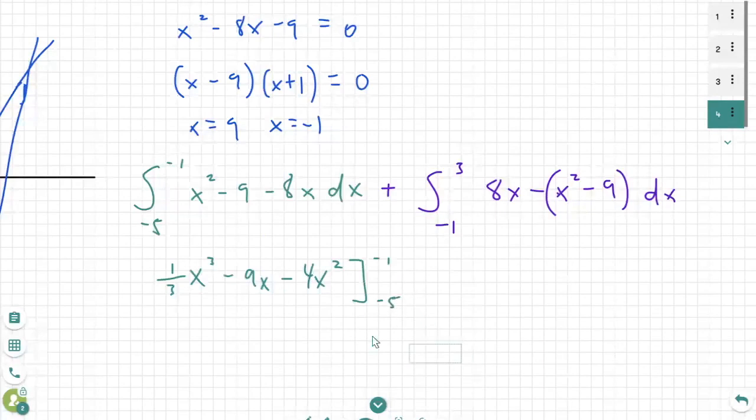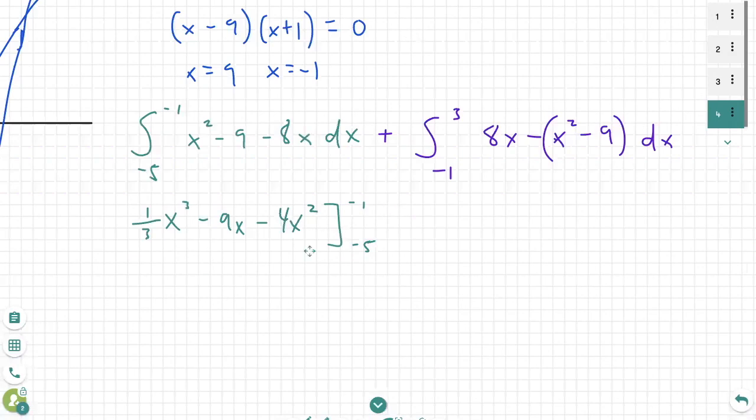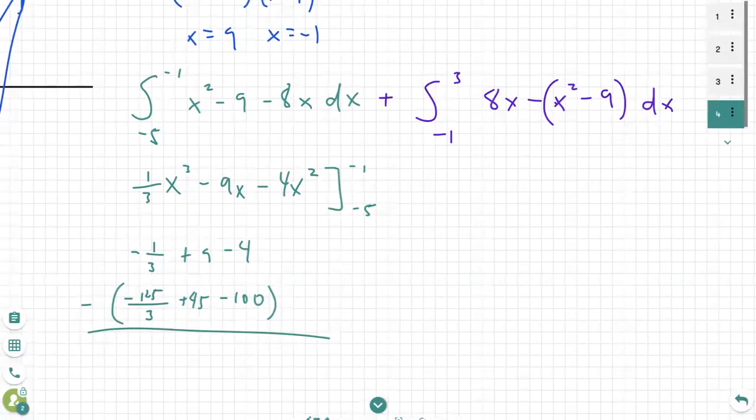So for -1, it's -1/3 minus 4 plus 9, 14 over 3. Then you're subtracting the -5 value: -125 over 3 minus 100 minus 45. Let me double check this.